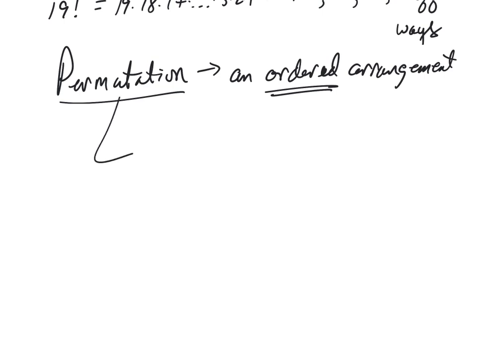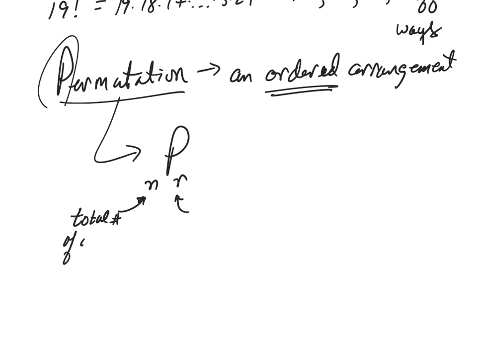All right, and we're going to have a formula for permutations. We use a capital P, which shouldn't be a big surprise for permutation. And then we use 2 subscripts. The first subscript is traditionally n, and the second subscript is traditionally r. n represents the total number of objects, whether we're taking people or letters, or baseball players, which is in one of the problems we'll do in a little while.